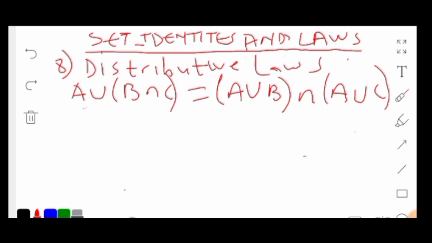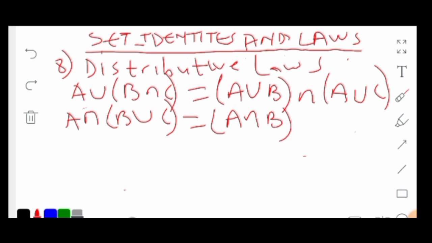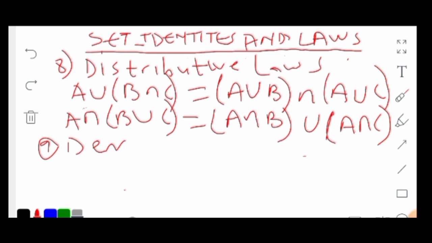And the second one says A intersection (B union C) equals (A intersection B) union (A intersection C). You have to be very familiar with these laws. It's very, very important.